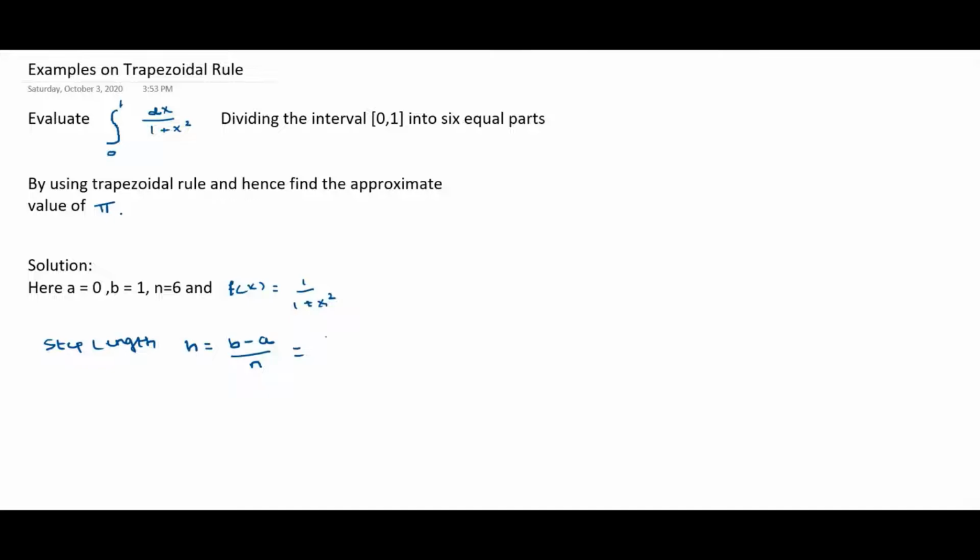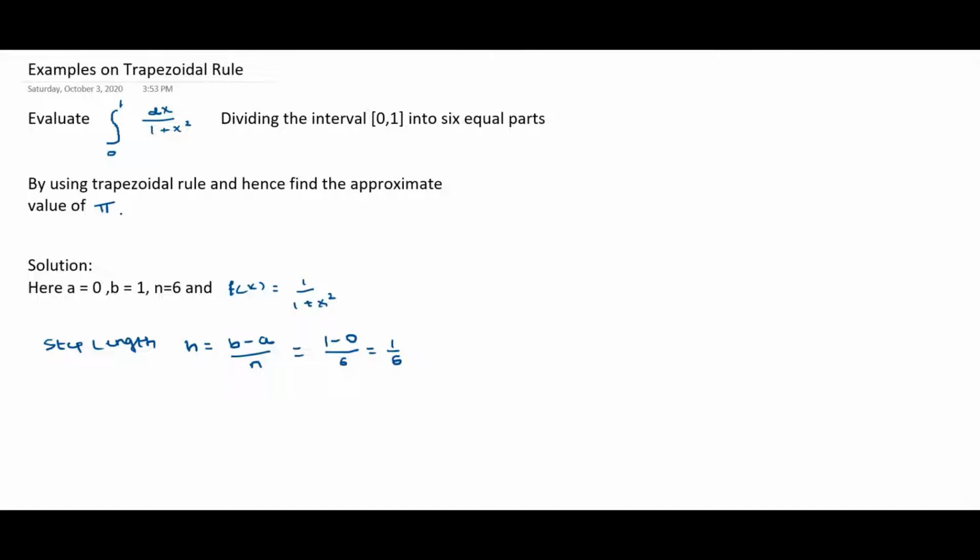And here b is equal to 1, a value is 0, n value is 6, so in total you will get 1 by 6. So the value of h is equal to 1 by 6.